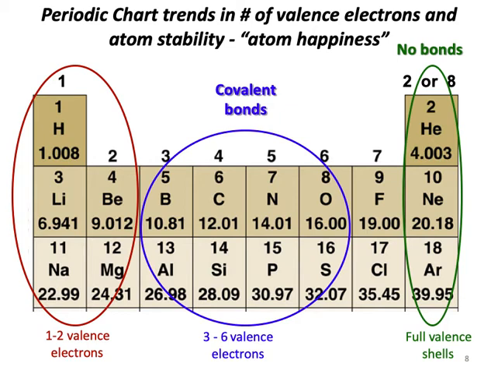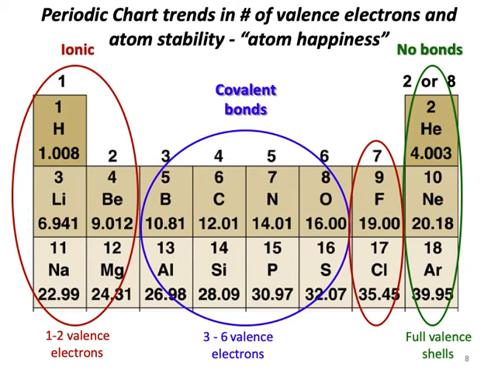It's easier for them just to get rid of that small number of electrons. And when they do, they become ions, and they'll form ionic bonds.